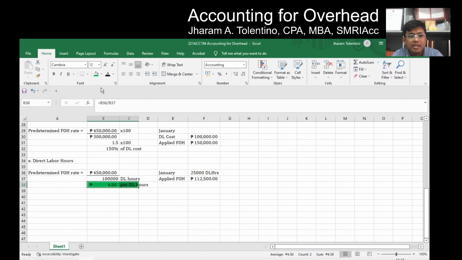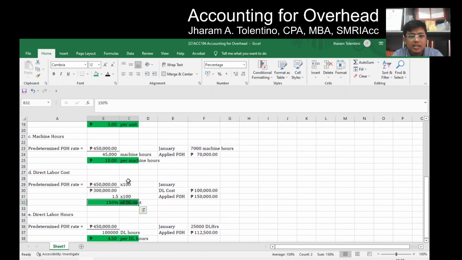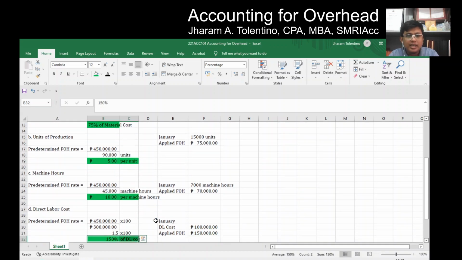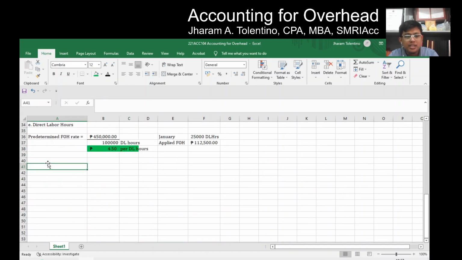So, ibig sabihin guys, yung base natin ay denominator lang, which is yung gagamitin mo kapag magkakaroon na tayo ng applied. Ibig sabihin din ng applied is projected or budgeted lang din, no? Forecasted. Hindi siya yung actual. Yun yung nilalagay natin as part of the journal entry. Pakita ko na rin pag may applied, although nandun yun sa dulo ng discussion natin.